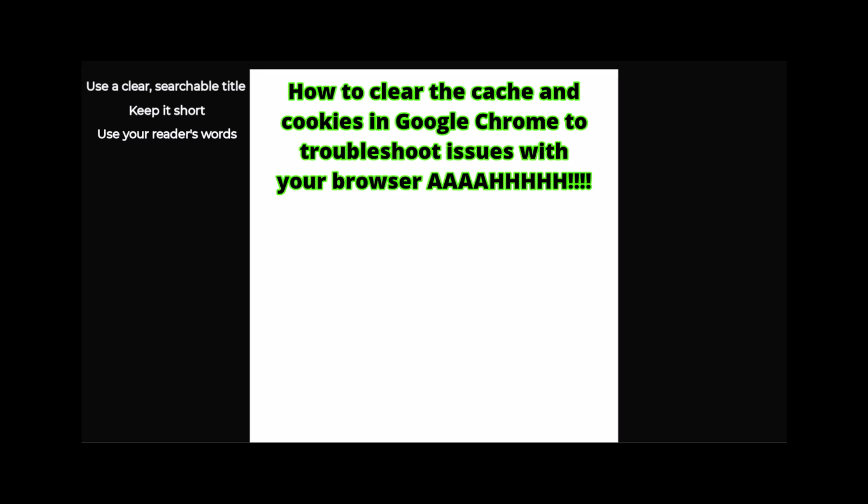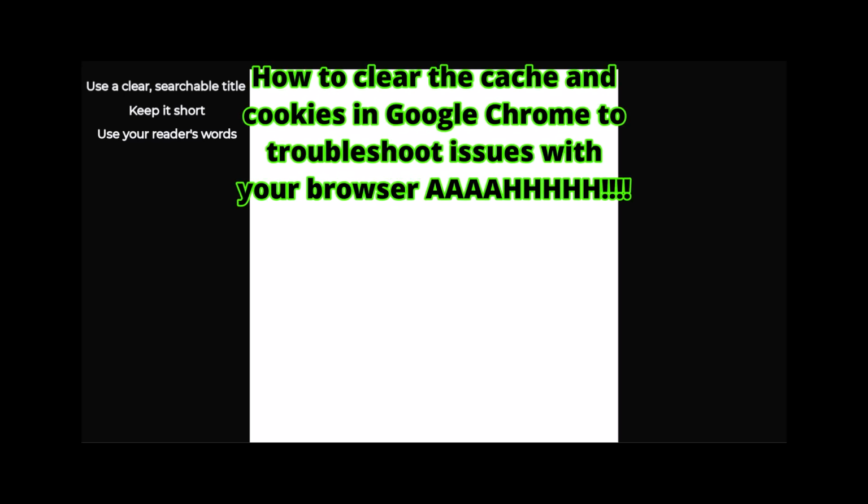So we want a short title that describes the problem or topic in our reader's words. We don't want a vague title like Browser Troubleshooting Guide or a long, overly detailed title like How to Clear the Cache and Cookies in Google Chrome to Troubleshoot Issues with Your Browser. Ideally, we'll start with an action verb and keep the title under 10 words for clarity.